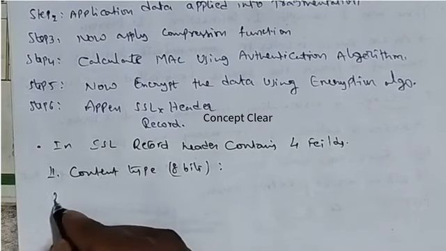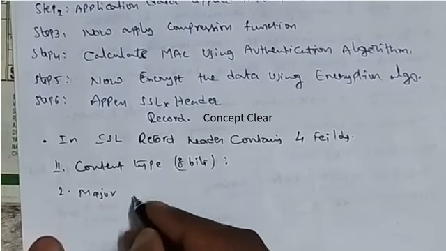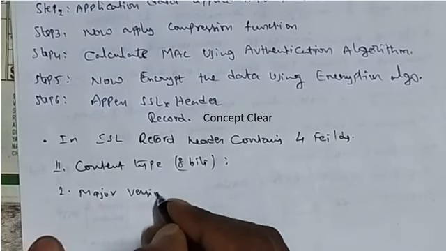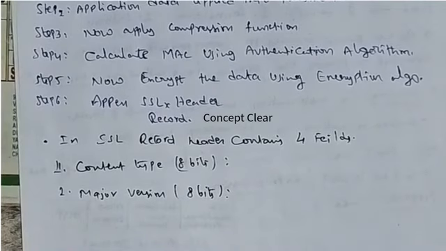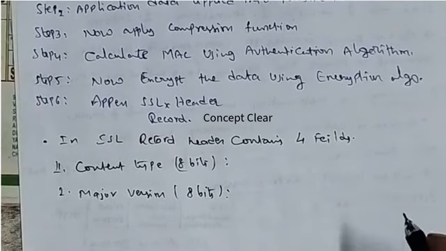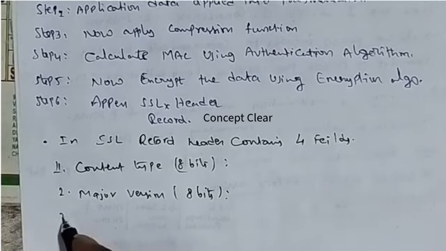The second one is major version. It contains 8 bits. It indicates the major version in use. The third one is minor version.